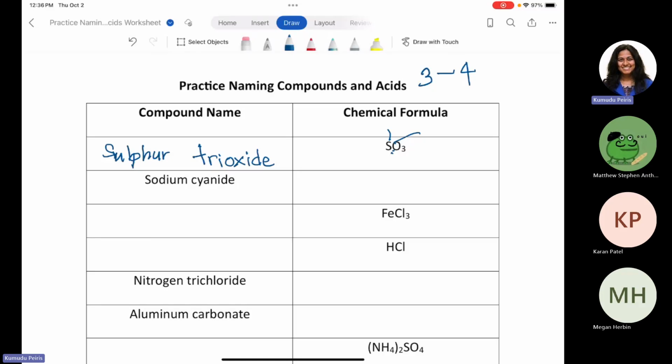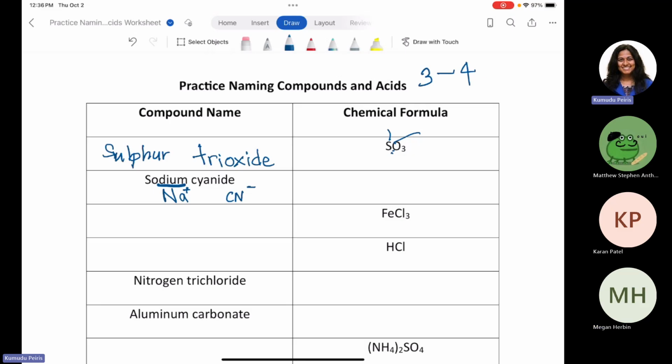Okay, sulfur trioxide. Now this is sodium. You can look at the periodic table and see that sodium is in column number 1, so it makes only one type of ion, +1. Cyanide is a multi-atom anion, CN, and its charge is minus.